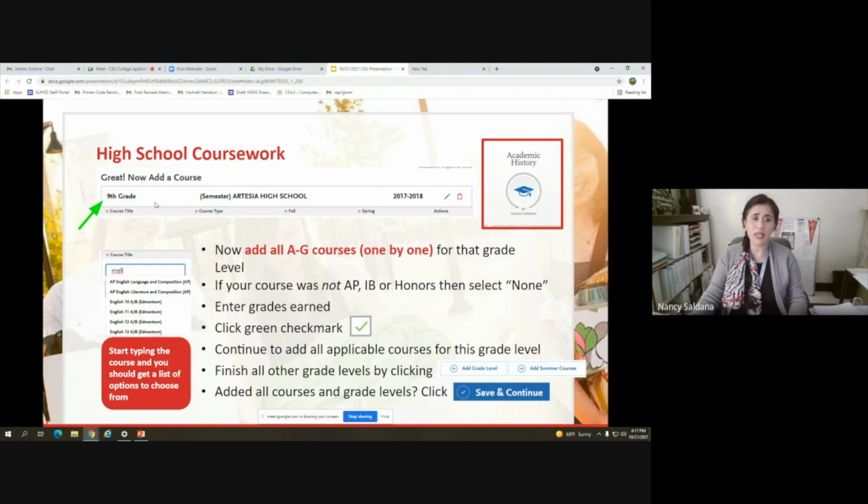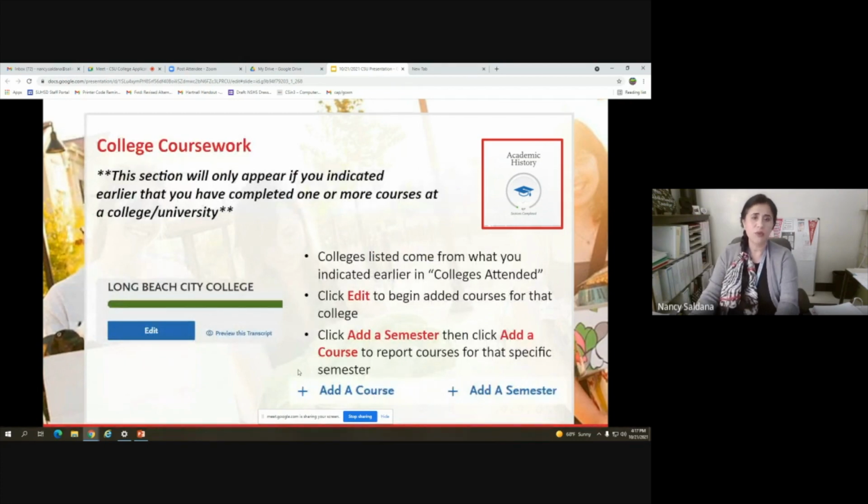Once you're done with inputting your senior courses, save and continue, and you're going to move on to your college coursework. Again, if you did not indicate that you took a college class, then this is not going to appear. This is only going to appear for someone who has completed courses at the college level.